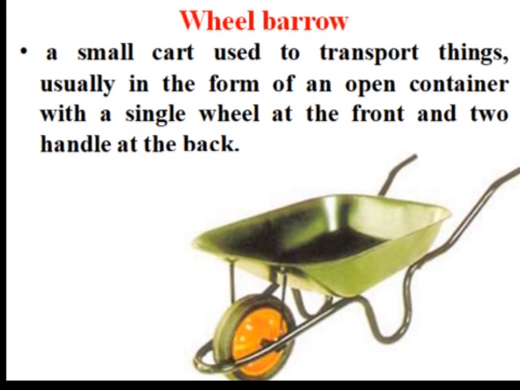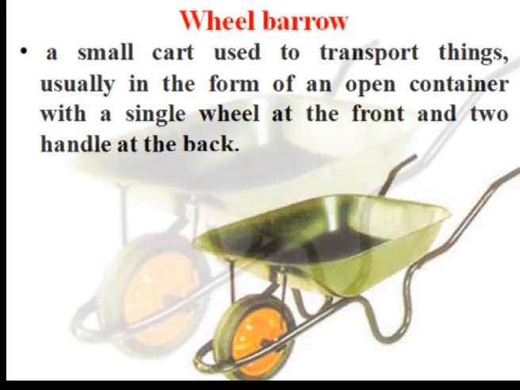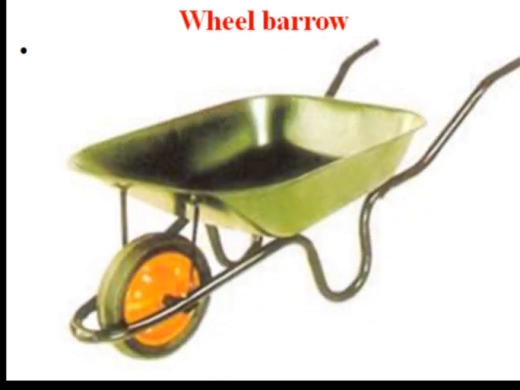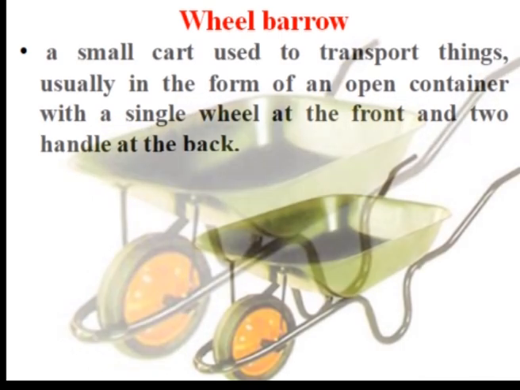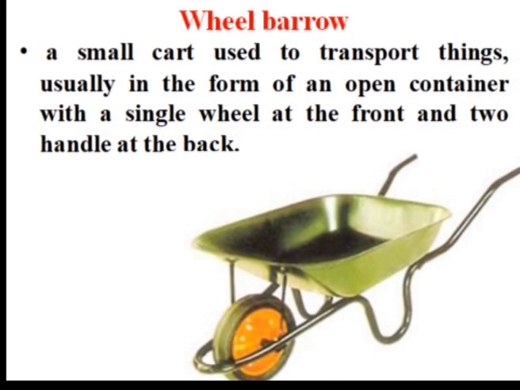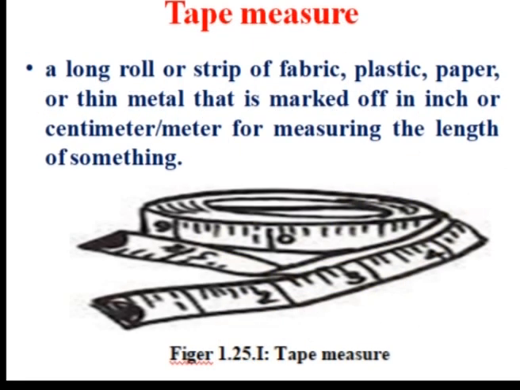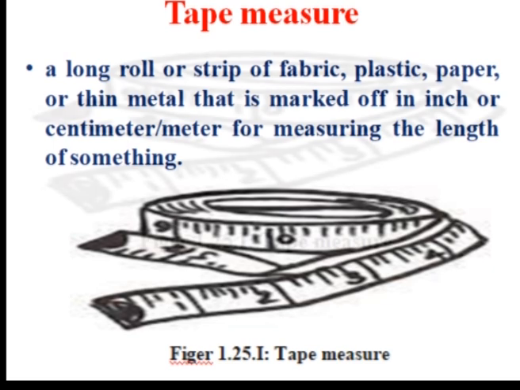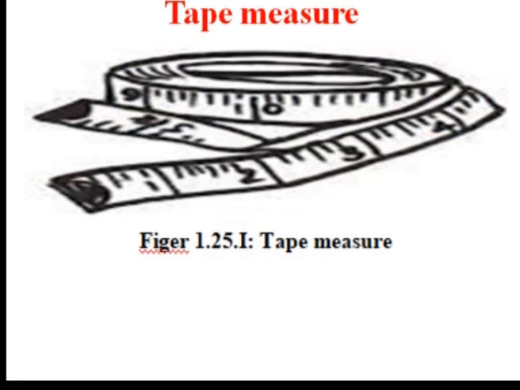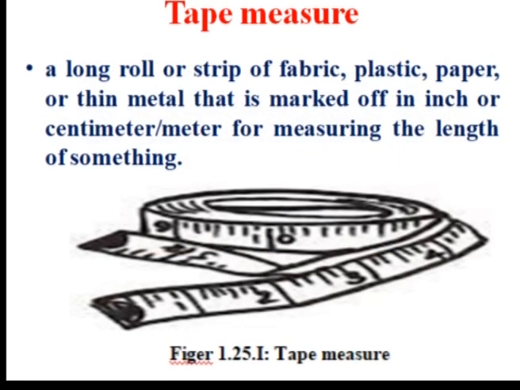Wheelbarrow is a small cart used to transport things, usually in the form of an open container with a single wheel at the front and two handles at the back. Tape measure, commonly known as meter, is a long roll or strip of fabric, plastic, paper, or thin metal that is marked in inches, centimeters, or meters for measuring the length of something.